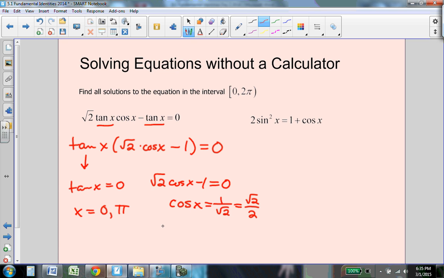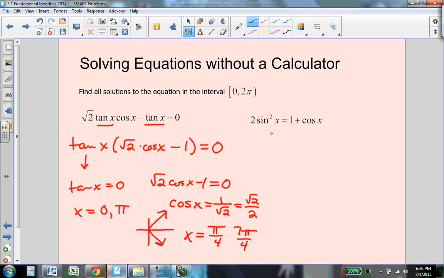I just need to know where is the cosine positive root 2 over 2. And that occurs at pi over 4, and down here in the fourth quadrant at 7 pi over 4. So my solutions are 0, pi, pi over 4, and 7 pi over 4.